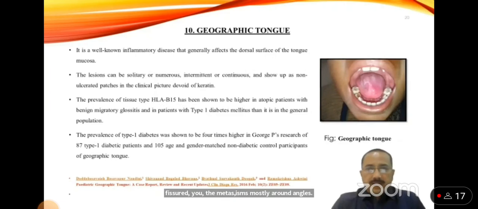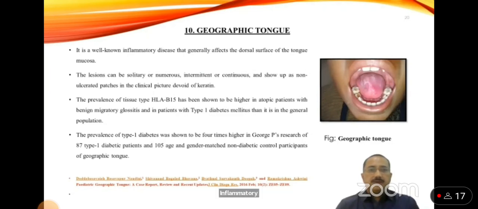Geographic tongue is also there, a well-known inflammatory disease that generally affects the dorsal surface of the tongue mucosa. The lesions can be solitary or numerous, intermittent or continuous, and show up as non-ulcerated patches devoid of keratin in the clinical picture.